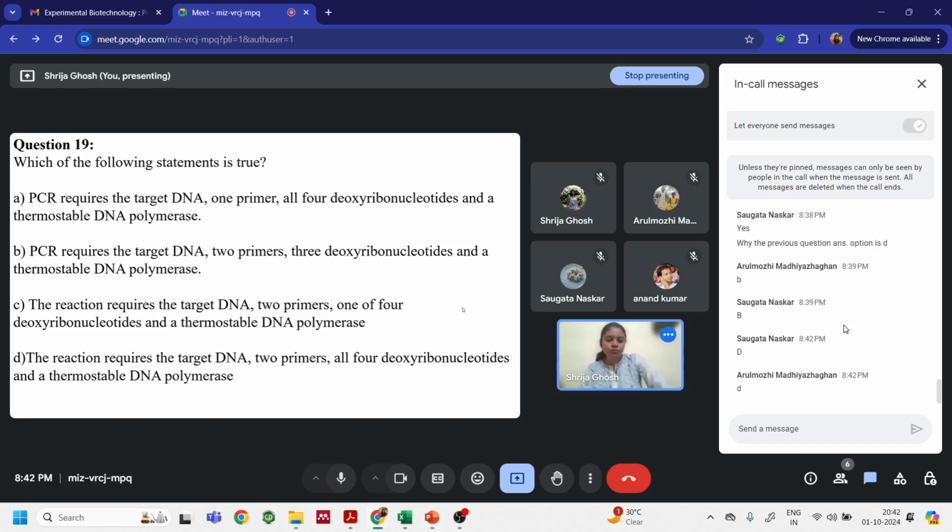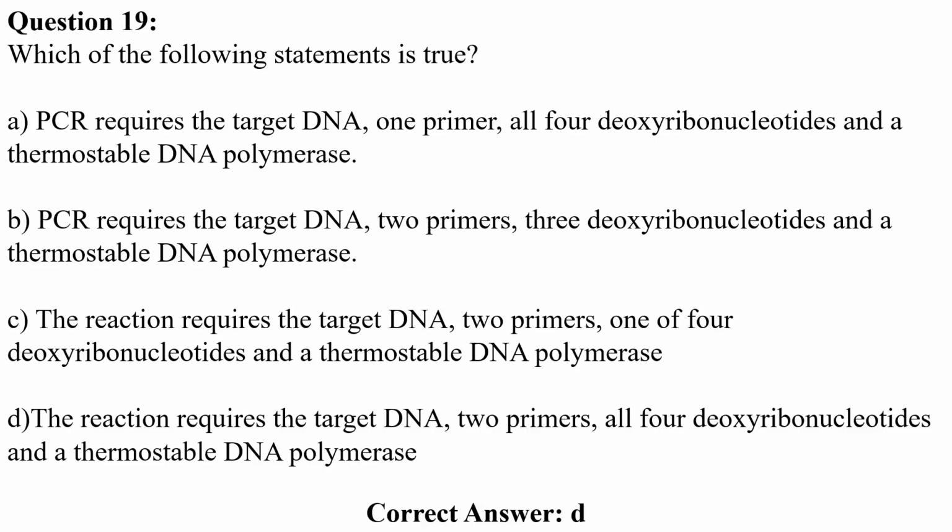Both of you have answered option D: reaction requires the target DNA, two primers, all four deoxyribonucleotides, and a thermostable DNA polymerase. Yes, that is the correct answer. I told you, you need the template DNA, that is the target DNA, whichever you want to amplify. You need two primers, one forward primer binding to the top strand and one reverse primer binding to the bottom strand.